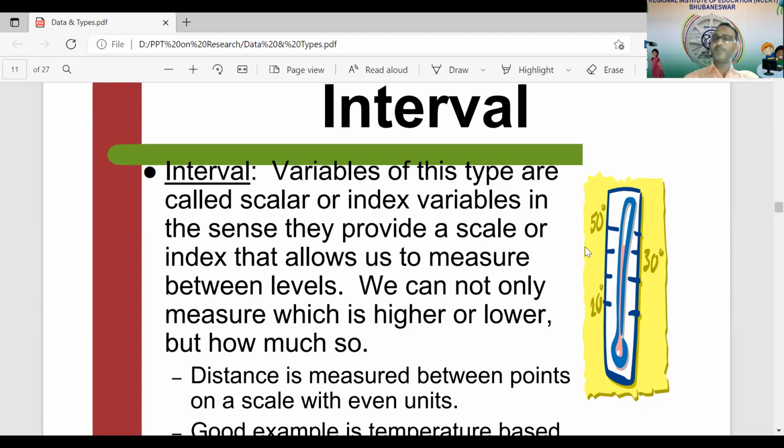It may not be. So that is the limitation. When you cannot say the equality of the interval gap, then you cannot do most of the arithmetic operations. Suppose first rank plus second rank equals what? So arithmetic operations will not work. You cannot add, subtract, multiply, or divide.